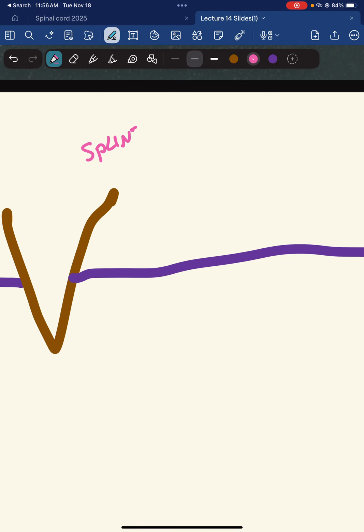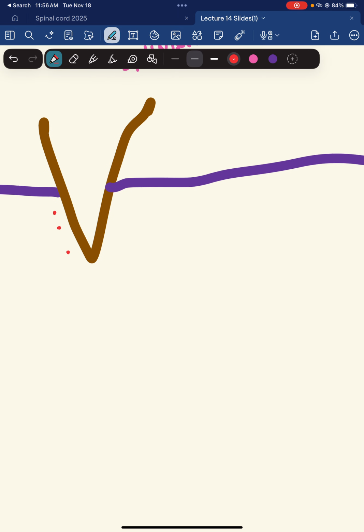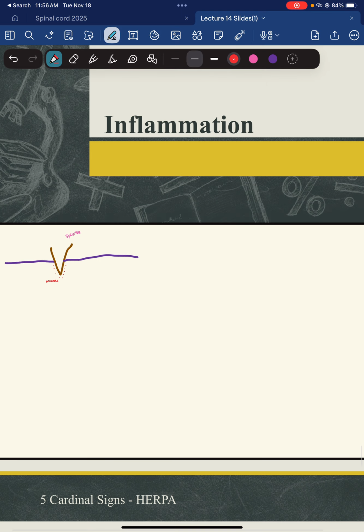And there's two major signals that begin this. Let's mark that. Let me use this side for words. So first, we have tissue damage.